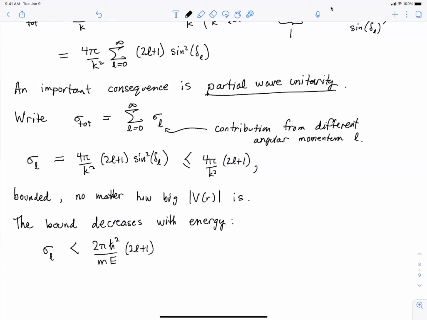And by the way, this is the other reason why it was a good idea to factor out the 2L plus 1: now that 2L plus 1 just shows up in the bound, and it's all because the sine has to be less than 1. So it's just convenient to get this bound right here. So that's the partial wave unitarity bound. And a reminder, all of this just came from conservation of probability. That was really the ingredient.